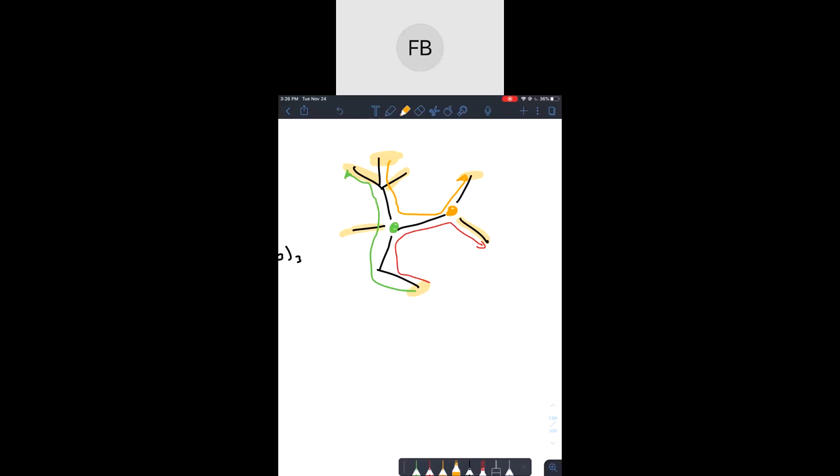For the other 2 pathways on this side and this side, if you start from either one of those, the first branch is going to come at the second carbon instead of the third carbon. But the best thing about starting from the tert group is that you're going to have two things coming off at the second carbon. Whereas if you start from this group, you're going to have only one thing coming off at the second carbon. If you start from this side, you're going to have things coming off at the third carbon. So that's a no. This is the best way to start. Start from the tert group, basically.